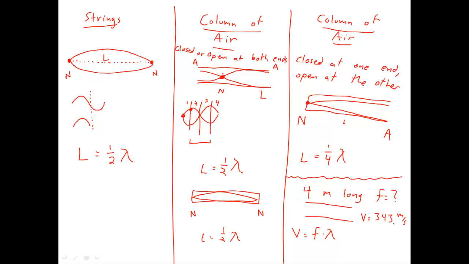So 343 meters per second is our V. Our frequency is what we want, and for the wavelength, here's where we have to be careful. It's open at both ends, so the total length equals only half the wavelength. The total length is 4 equals 1/2 lambda. So we can see lambda is 8. Then we do the math and we get a number, and you can do it.